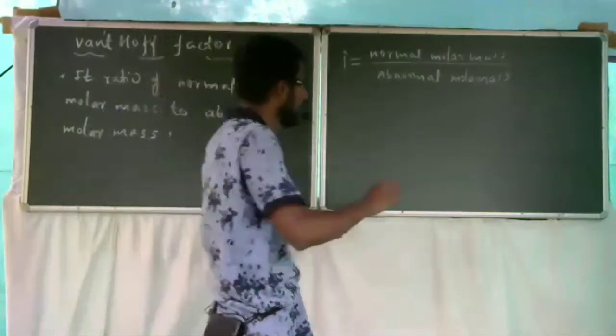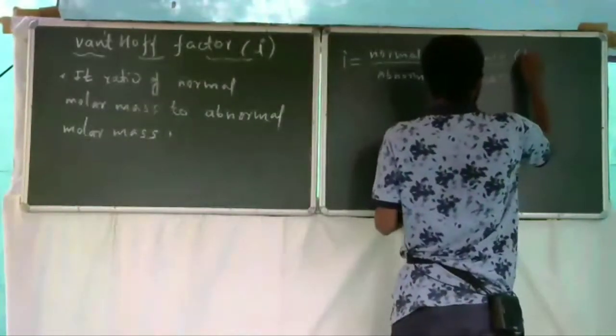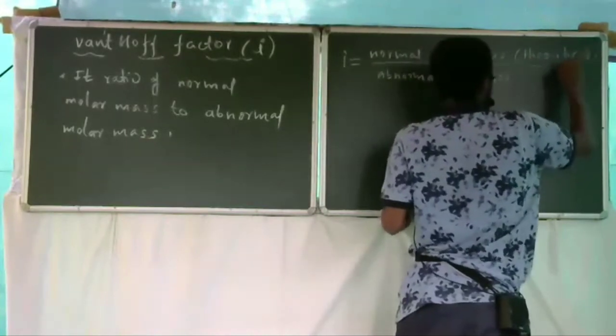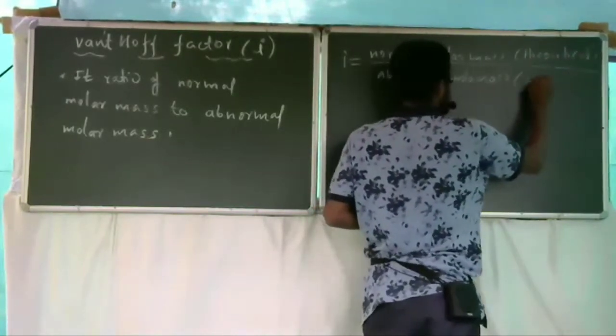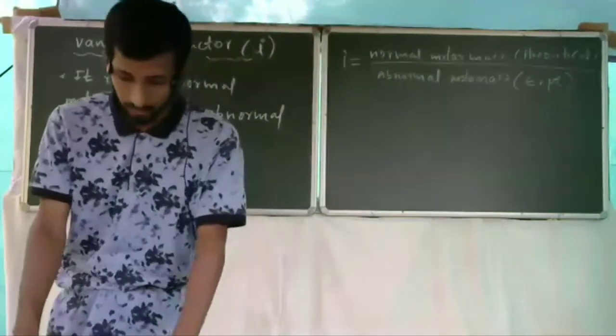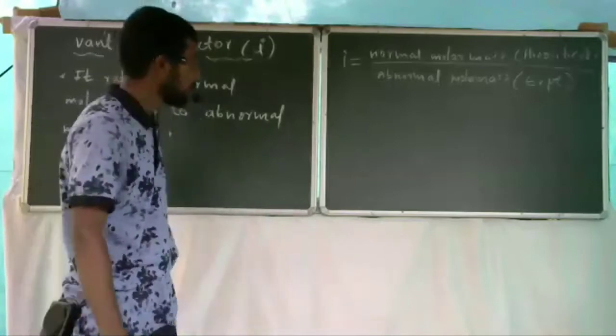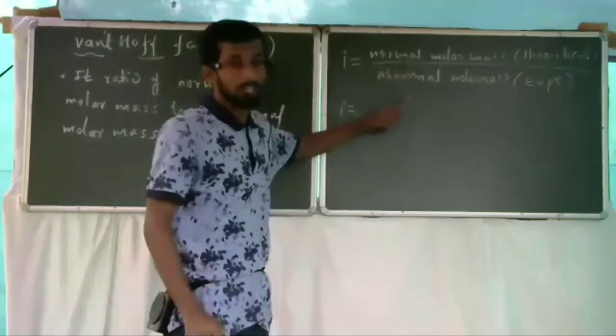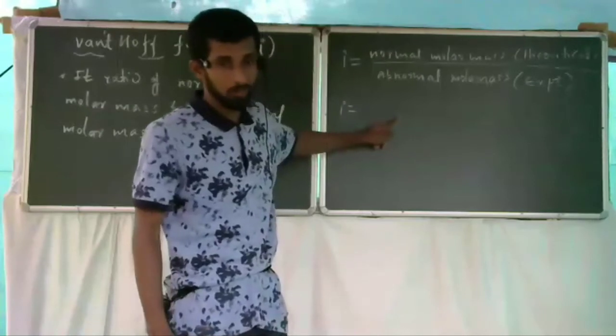Here there should not be confusion. Normal means what? Theoretical molar mass. Abnormal means what? Experimentally calculated molar mass. Then you know, molar mass and colligative properties are inversely proportional to each other.